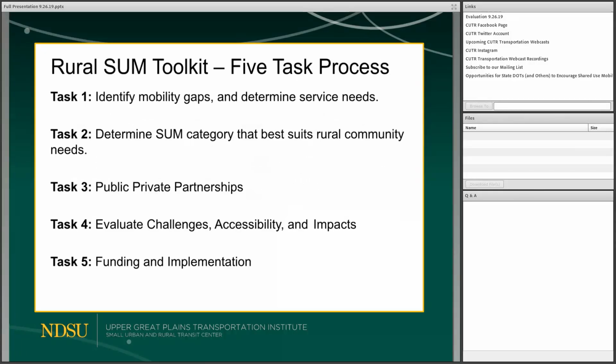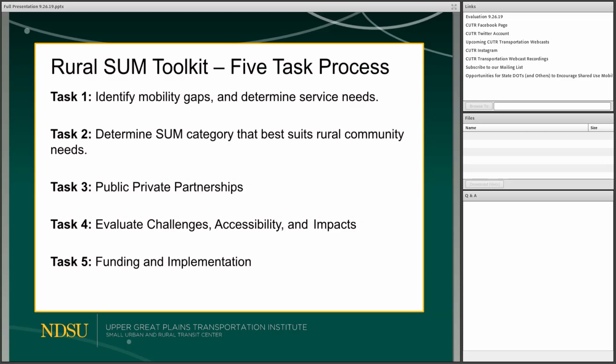If we look at a quick overview of the Rural Shared Use Mobility Toolkit, it is a 5-task process. If a rural community wanted to implement some sort of shared use mobility service in their community, they could follow this 5-task process, starting from planning and identifying mobility needs through implementing and gathering funding for their shared use mobility implementations.